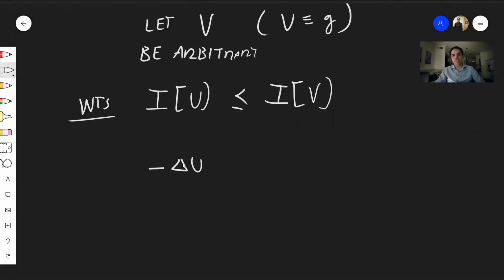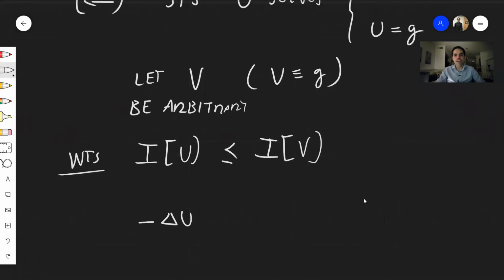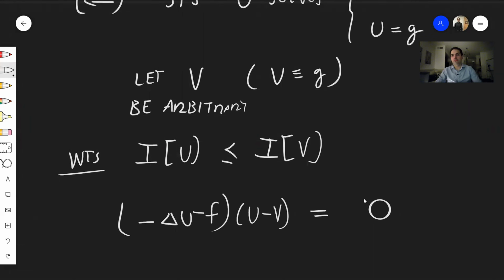Consider Poisson's equation. So minus Laplacian of u minus f. On the one hand, this equals 0. On the other hand, let's take this equation and multiply it by u minus v. Why are we doing that? Because u minus v is actually 0 on the boundary.